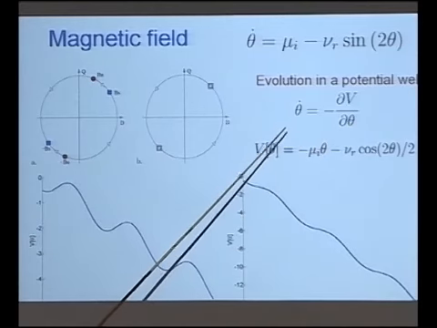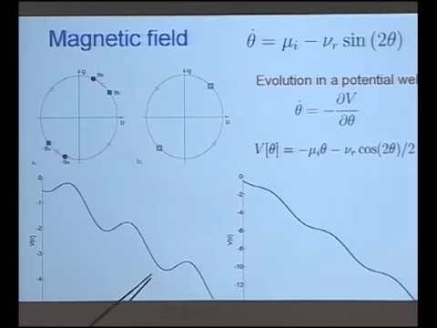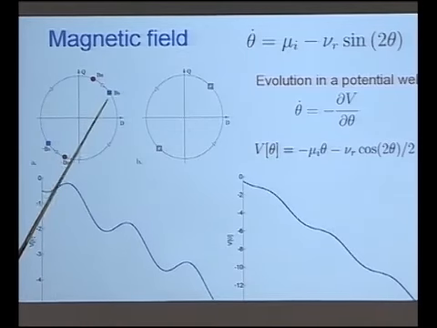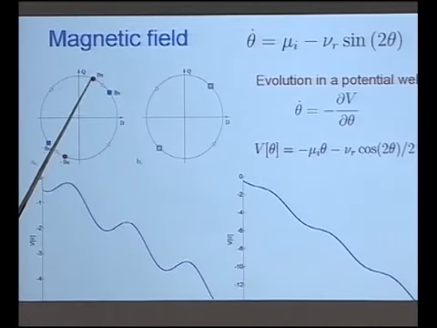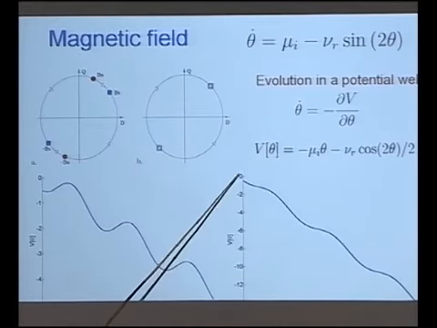Another description of interest for this transition is to write this equation as the evolution of a particle in a potential well. If I write the potential, I can calculate it explicitly. It has this form. We see that if mu_I is small, then the potential will have local extrema. Local minima are associated with the stable solutions in blue, local maxima with the unstable solutions.